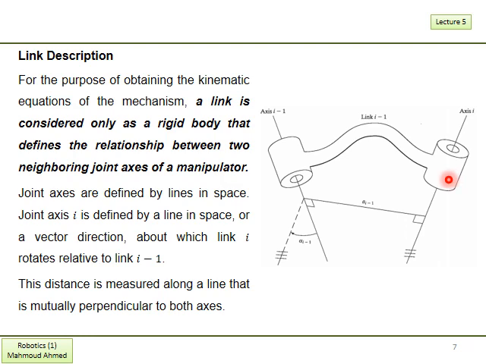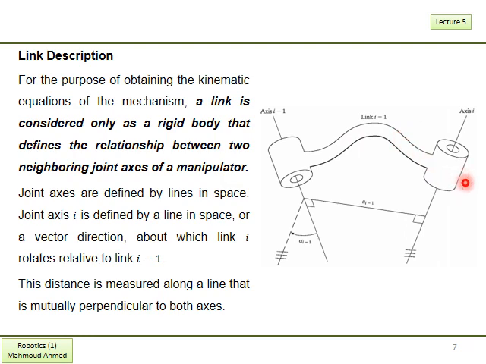The joint axes are simply straight lines in space. Joint axis I, which is this one, is defined by this line in space, or a vector direction about which link I rotates relative to link I-1.